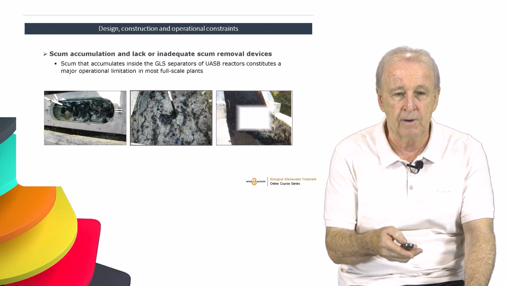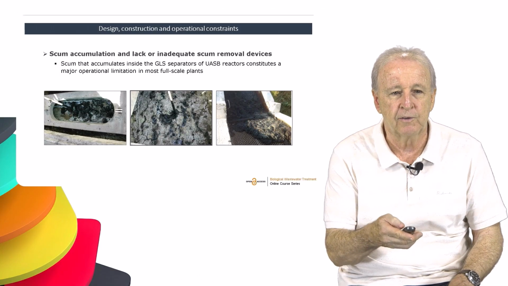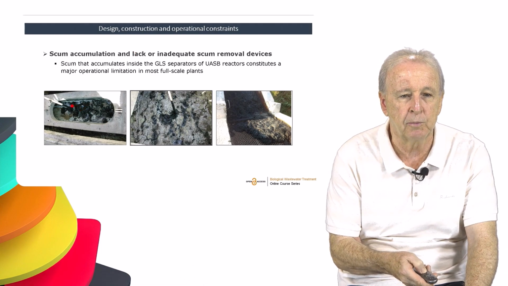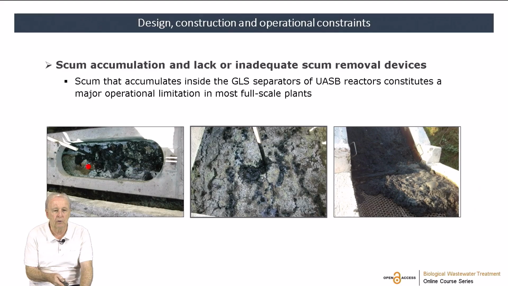Here you can see the aspect of the scum layer that is formed inside the three-phase separator. This is one general view. This is the aperture of the three-phase separator of the gas chamber. And here is how the scum looks if it stays without being removed for long periods.